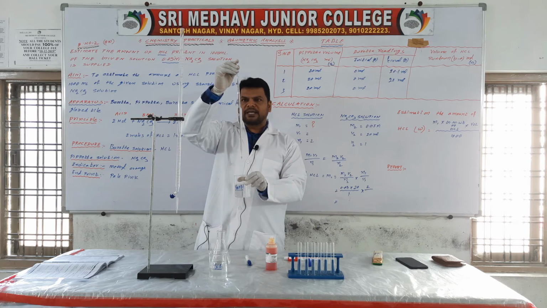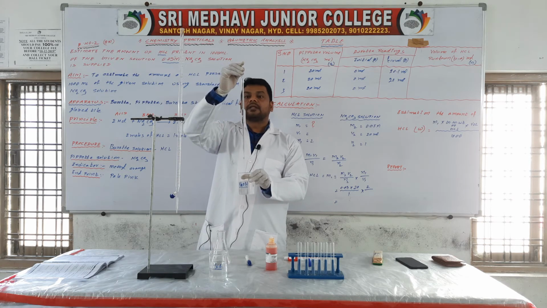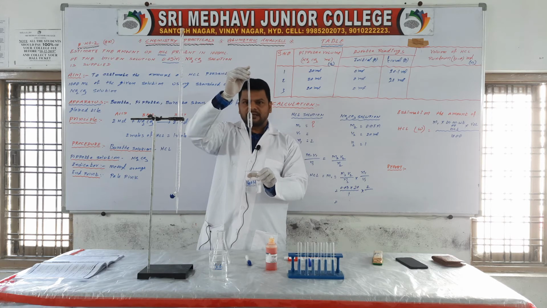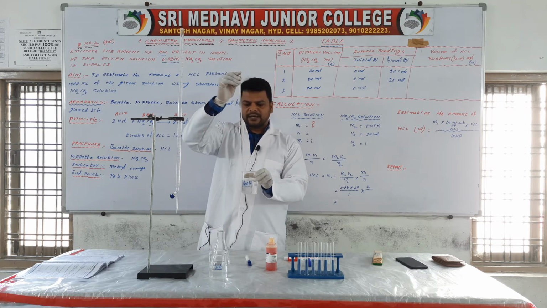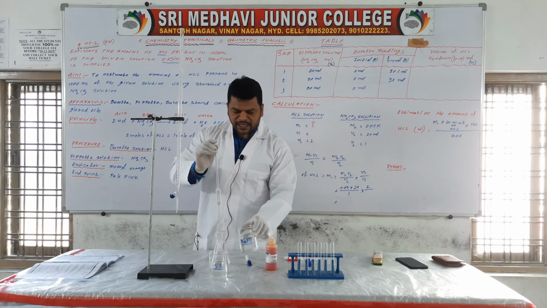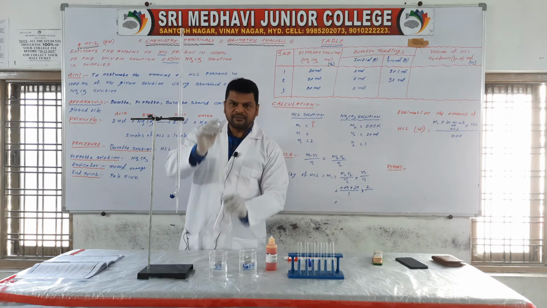Slowly release the excess sodium hydroxide. The lower meniscus must coincide with the mark which is given on the pipette. Then you have to take 20 ml into the conical flask.